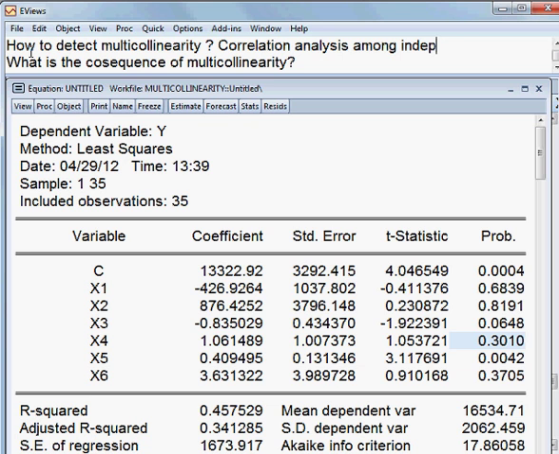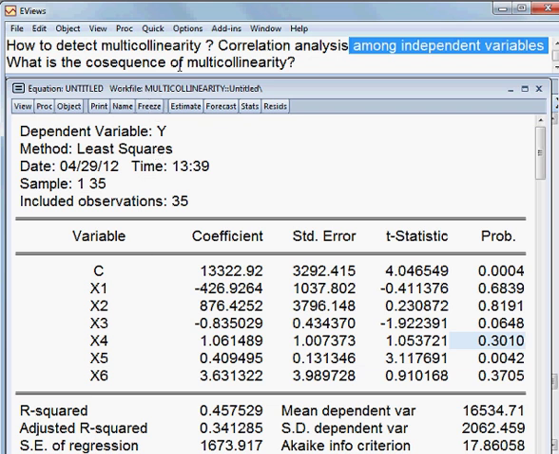Don't bring the dependent variable here. Independent variables, right? Among independent variables only. Don't bring the dependent variable, right?